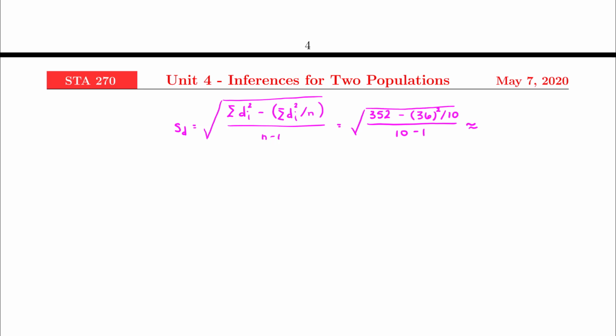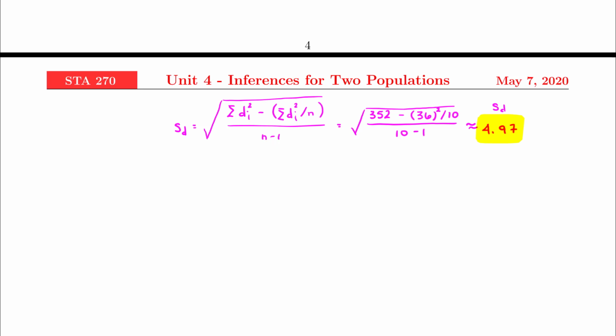And when we simplify this, we get that it is approximately 4.97. So there's our value for S sub D, which is our standard deviation of the differences.